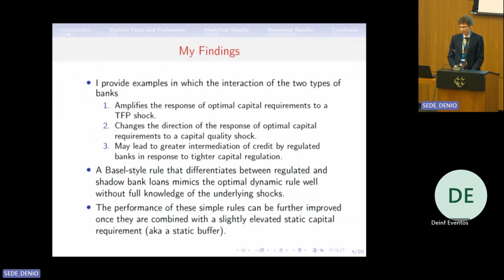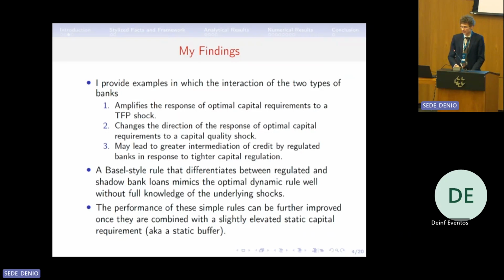So just to preview my findings, depending on the sources of shocks, the optimal response of capital requirements can be magnified once we take into account the interactions of the two types of banks when we consider a TFP shock, but this can also lead to a change in the direction of the optimal response of capital requirements when we consider capital quality shocks.